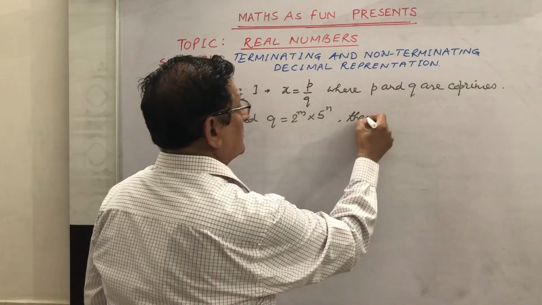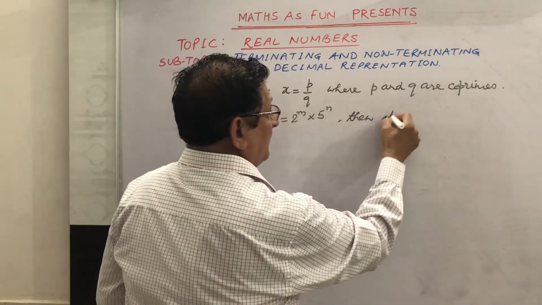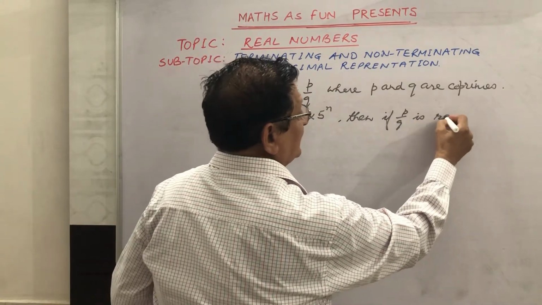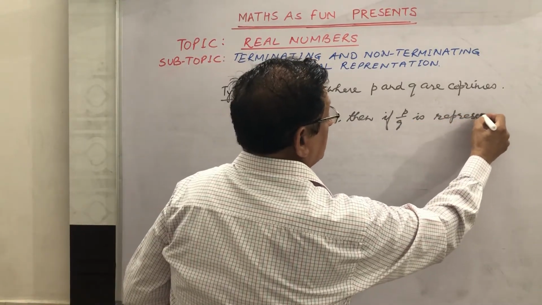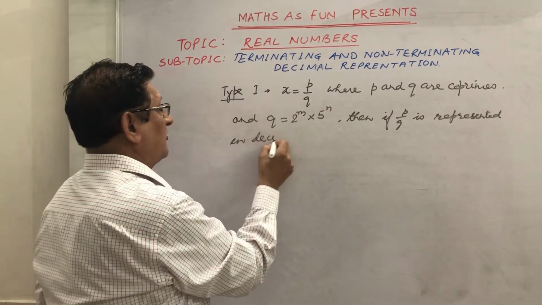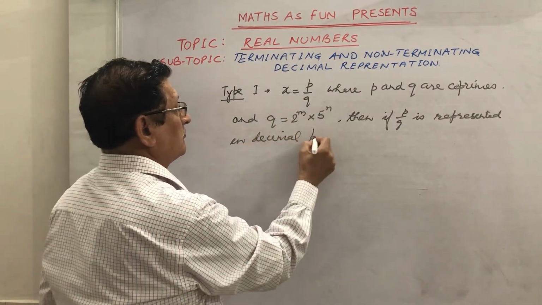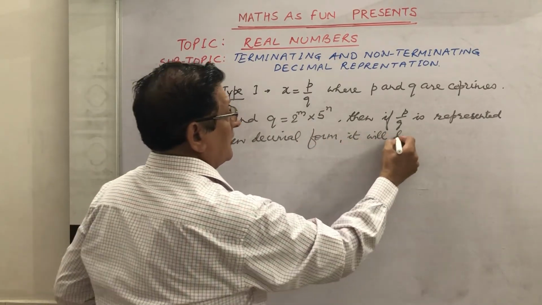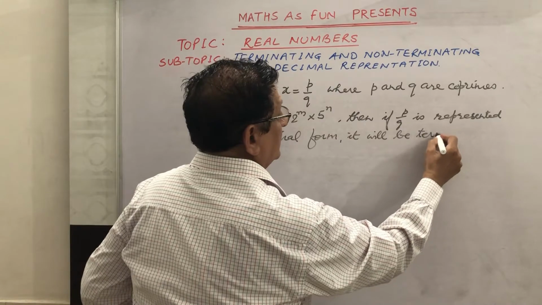Then if p upon q is represented in decimal form, it will be terminating.